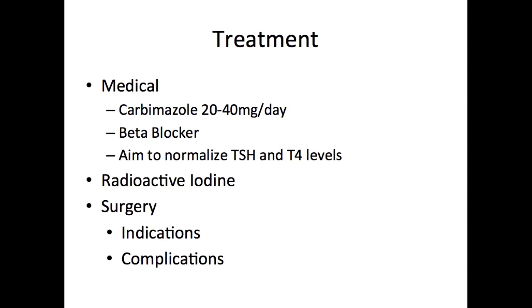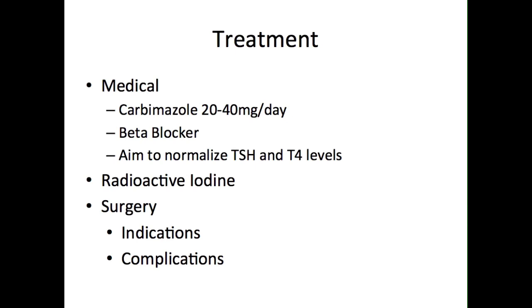The aim of medical treatment is to maintain a normal level of TSH and thyroxine. An important side effect of carbimazole is agranulocytosis, and so all patients taking carbimazole should be advised to seek urgent medical advice for a full blood count if they develop a sore throat and fever.